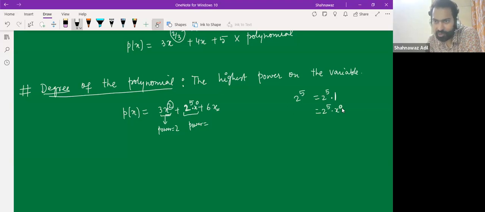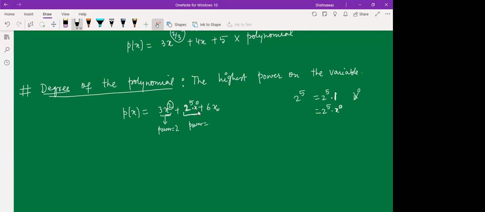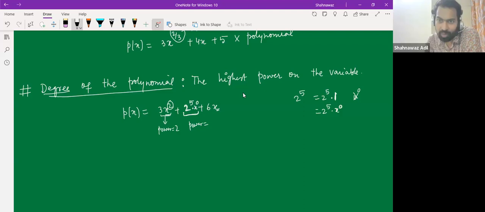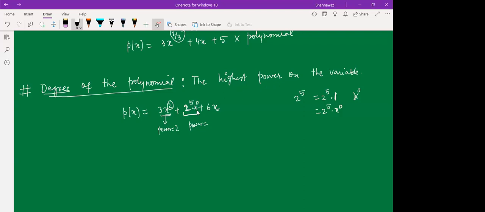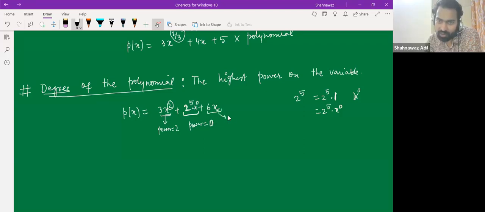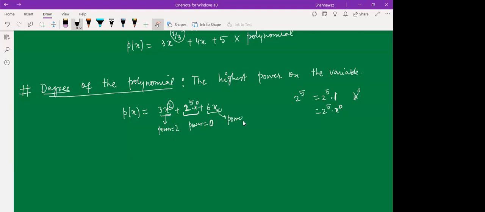So anything to the power 0 is what? 1, except 0. 0 to the power 0 is not 1, but anything other than 0 to the power 0 is 1. So what is the power here? 5? No, the power on the variable, it's 0, right? And then we have this one. So what is the power here? 1.